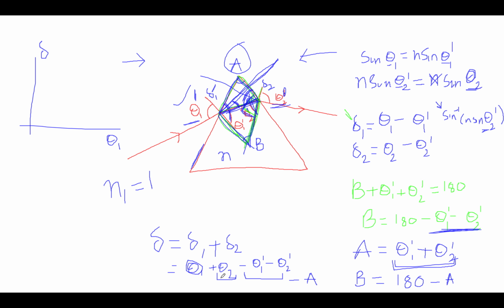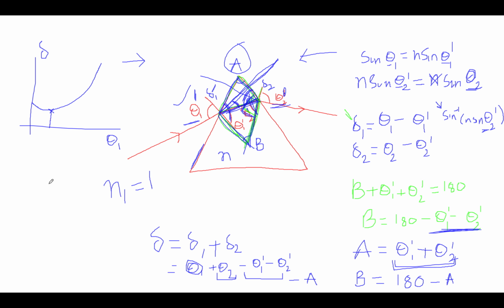So from there, I can plot a delta versus theta 1 graph, and there I can find the angle of minimum deviation. If you plot it, it looks something like this, right? So you can identify, okay, this is the angle of minimum deviation.